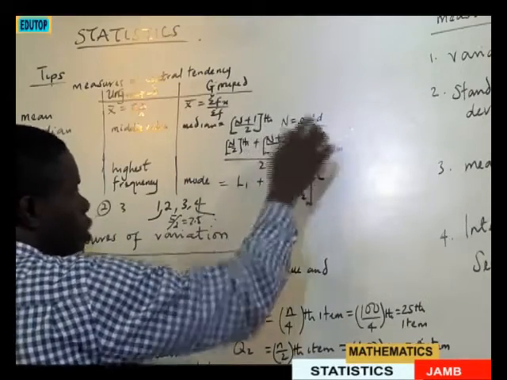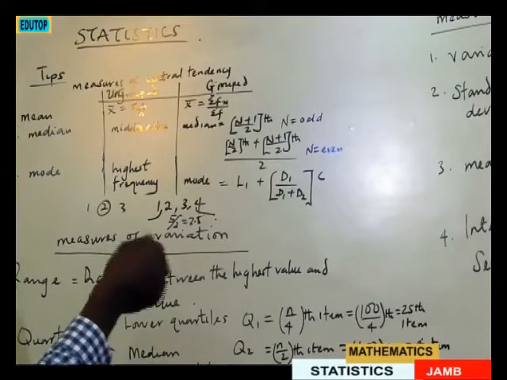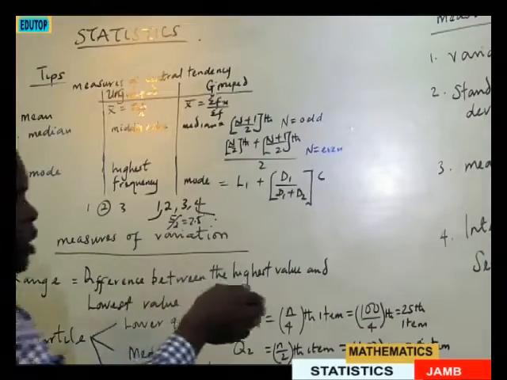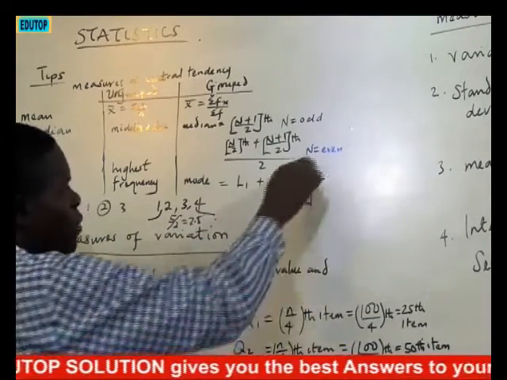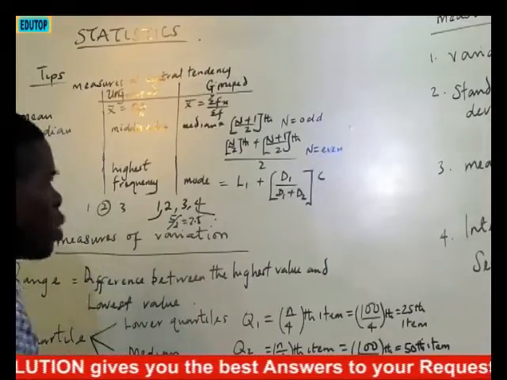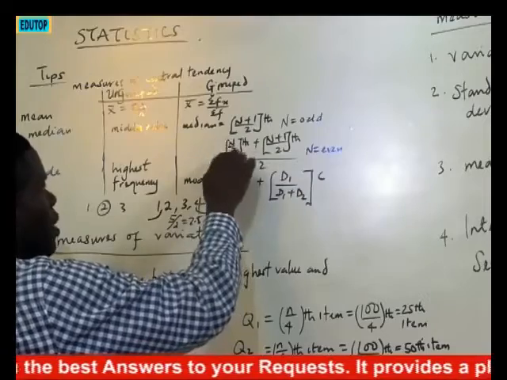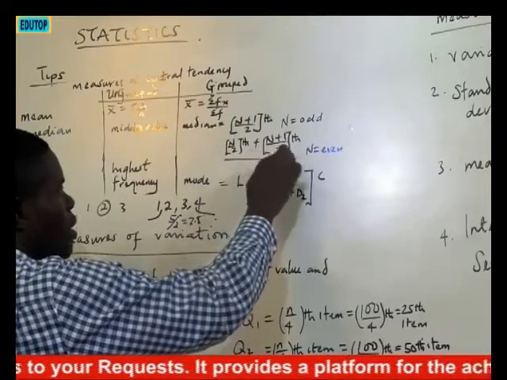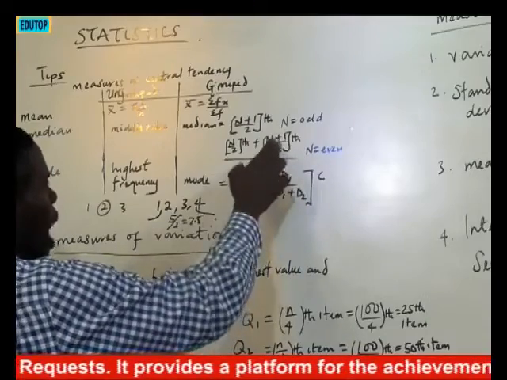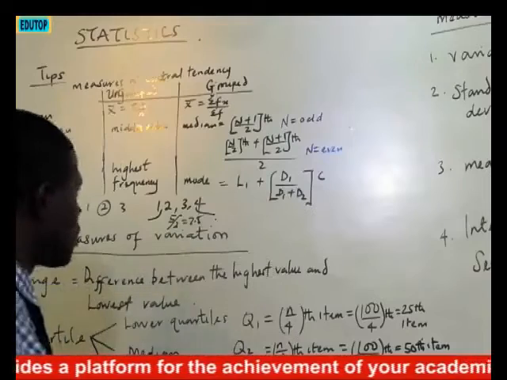That's when n is odd. But if the number that we have is even, we adopt this: n over 2, th, then n plus 1 over 2, th. Then we add them up, and at the end divide by 2. That is for even.